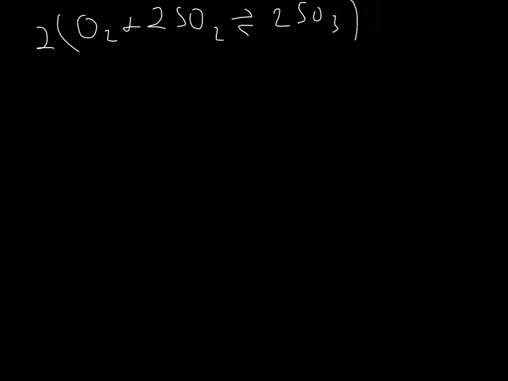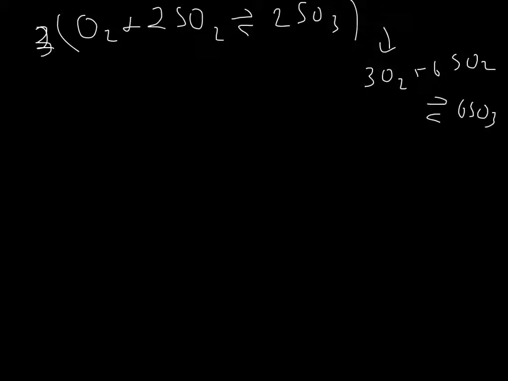Well, the book does 3, so I'll just do 3. It's going to make 3O2 plus 6SO2 turn into 6SO3. Alright, so that's what that turns into.